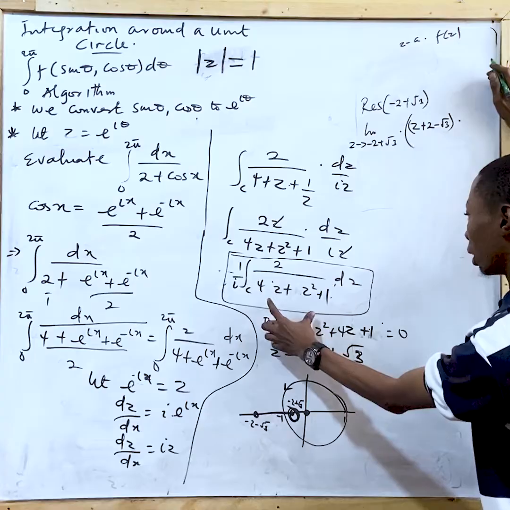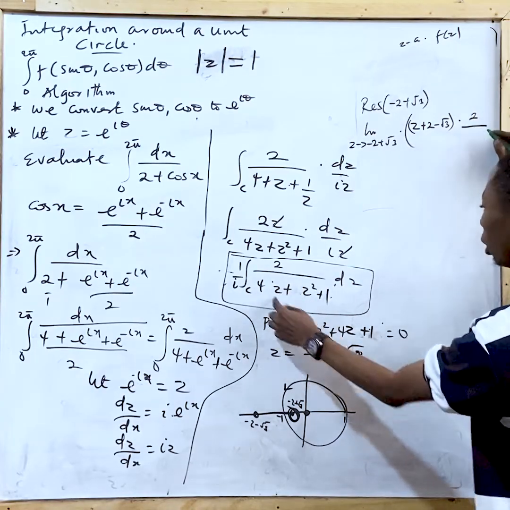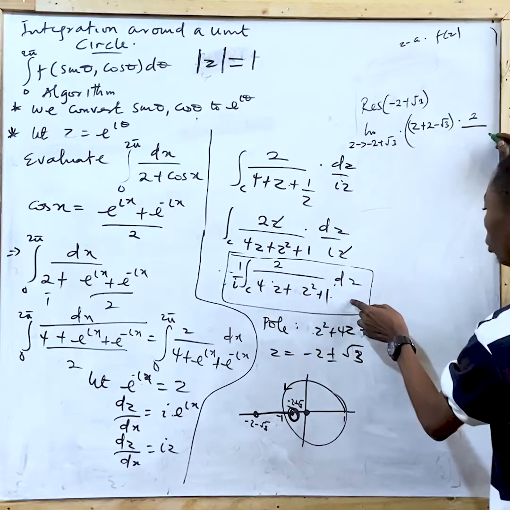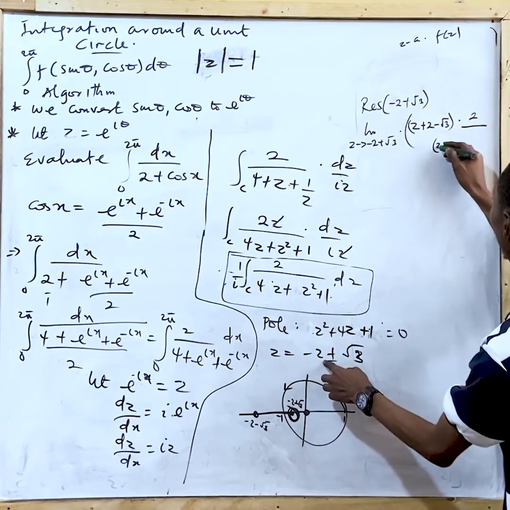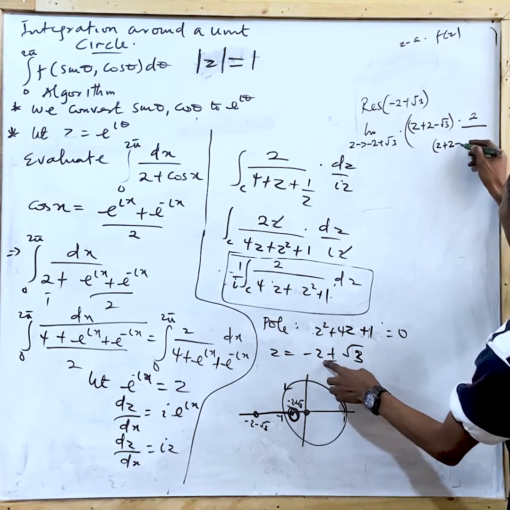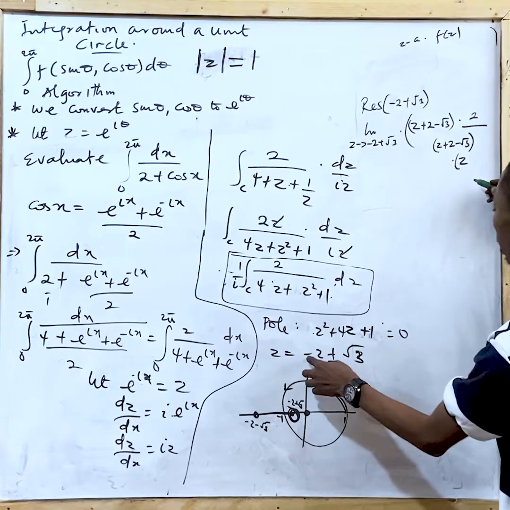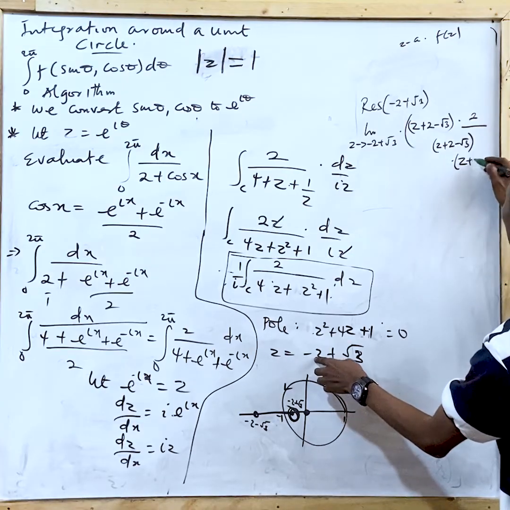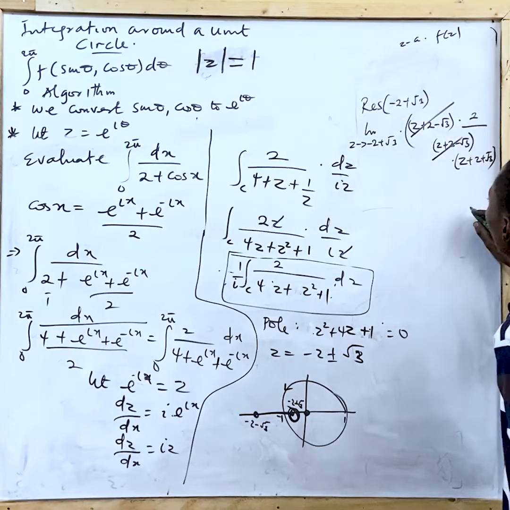This is our f of z: 2 over this stuff, which we've already factorized into z plus 2 minus root 3 and z plus 2 plus root 3. In that case, this one will cancel.